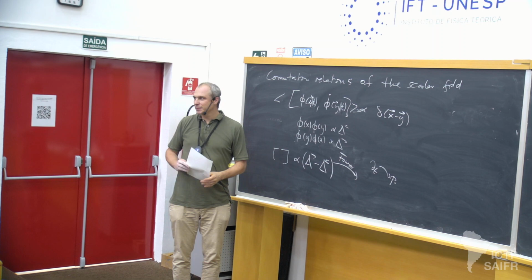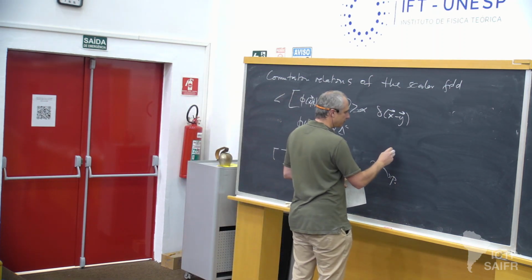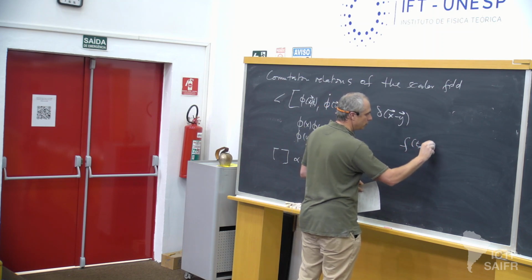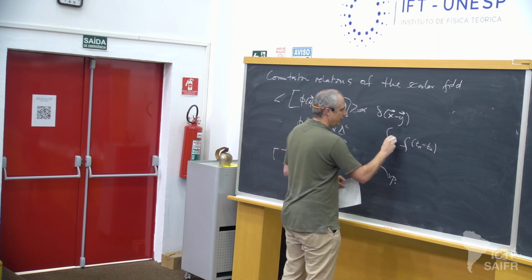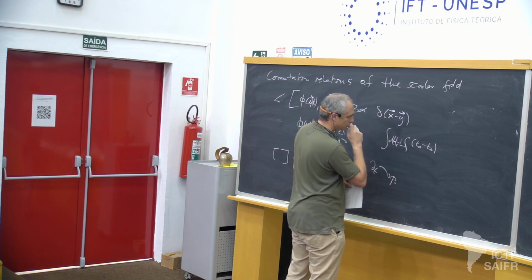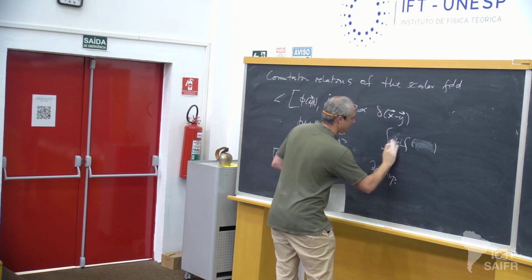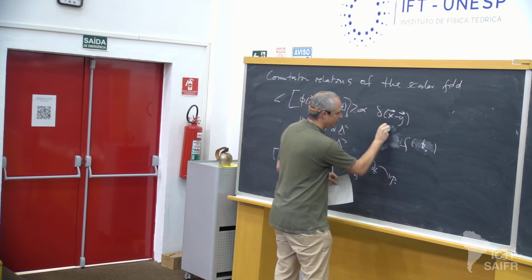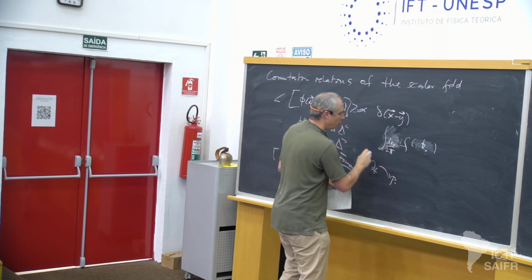This is a little bit tricky. Let's say you have a general function which depends on t1 minus t2, and now you do the Fourier transform. Actually, we want to do it the other way around. We start in k space, we have a function of energy, and now we want to go to coordinate space. So how would you get f of t?